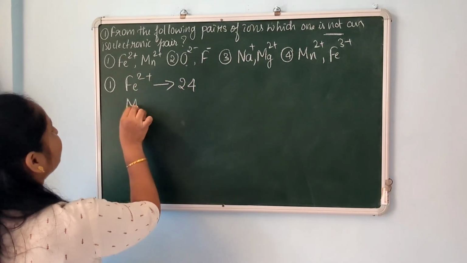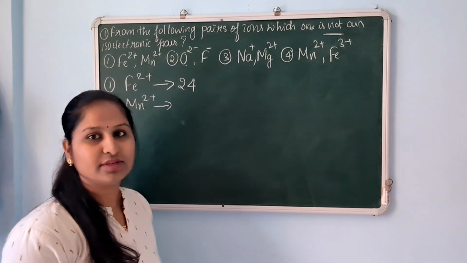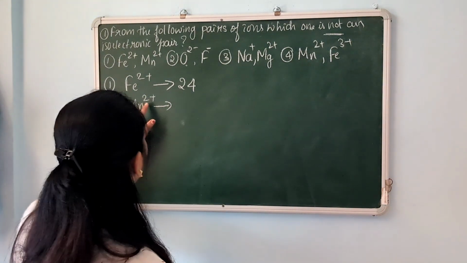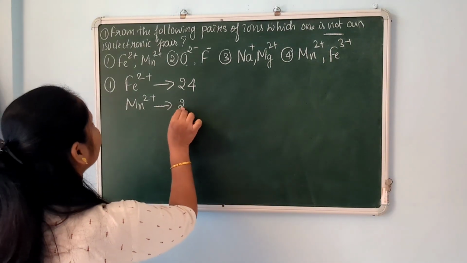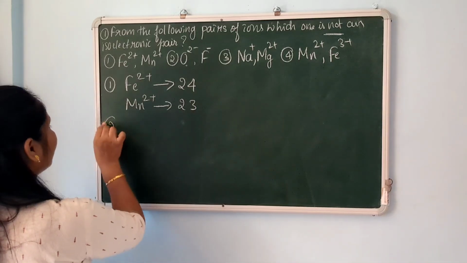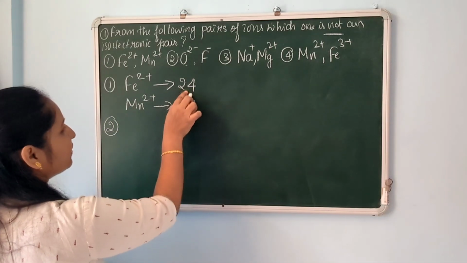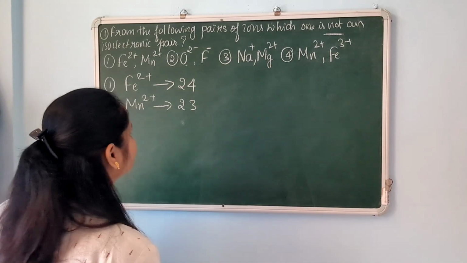And Mn2+: the atomic number of manganese is 25, but with plus 2 charge, 25 minus 2, which means 23 electrons. Even though we have got the answer here because of the unequal number of electrons, we will still see the other options.